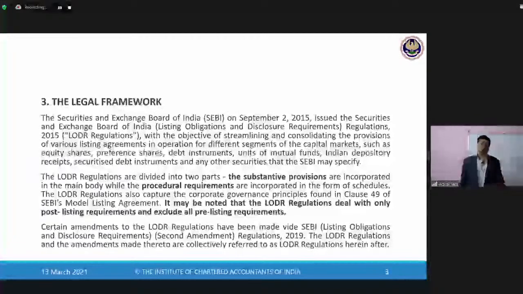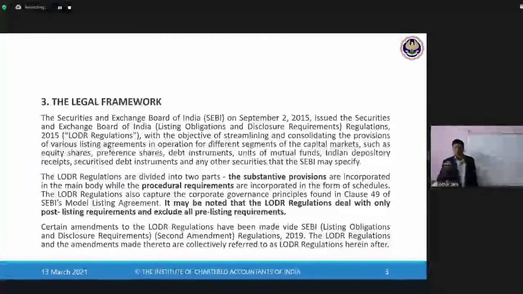So in respect of unlisted companies, it's not SEBI which will be the relevant authority. It's all the listed entities. So that's why when it comes to the listed entities, other than the Companies Act, SEBI regulations also become relevant.